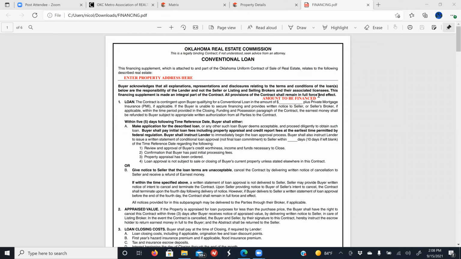So just ask them how much they're putting down, or look at their pre-approval letter and see what it states that they're putting down, and make sure that you put that amount there. This isn't the amount of the purchase price. This is the amount that they are getting their loan for, which at a minimum should be 5% less than the total purchase price of the home.